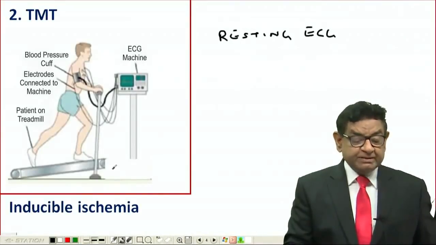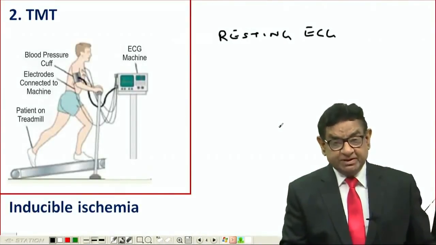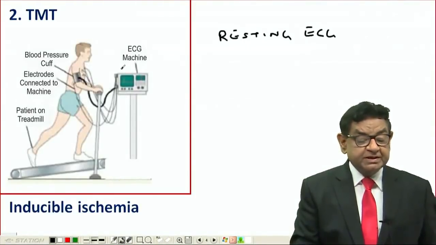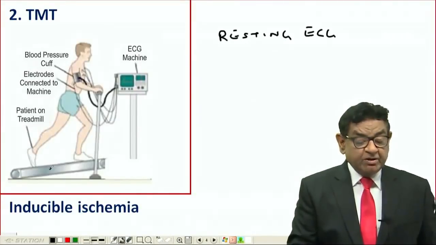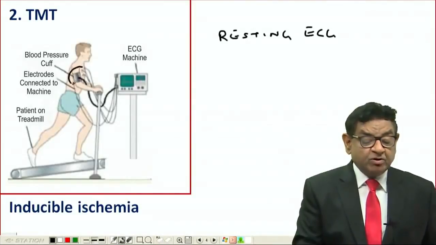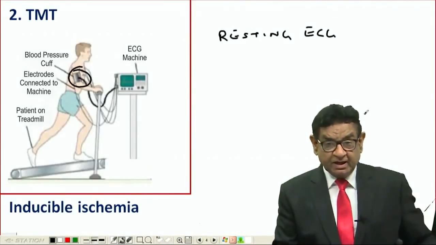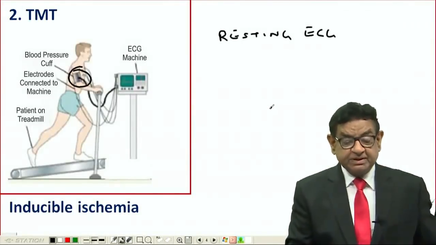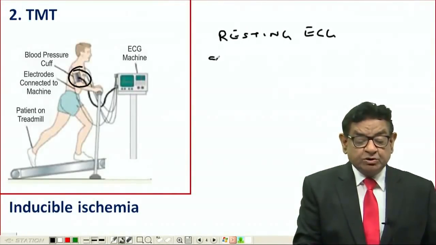After that, we make the patient stand on this TMT machine, and these leads are connected to the ECG machine. Now the patient has to run on this machine, and even a BP cuff is there on the arm. Now we start the machine. The machine starts at a slow speed initially.